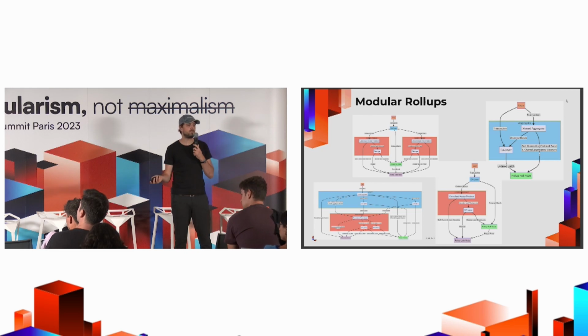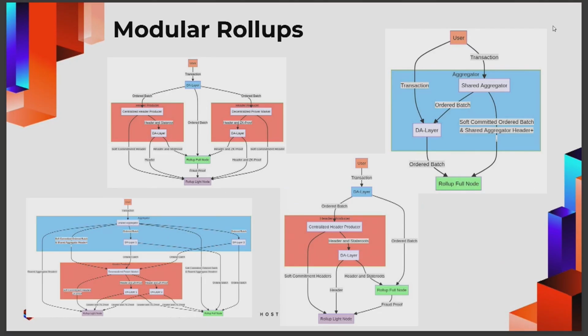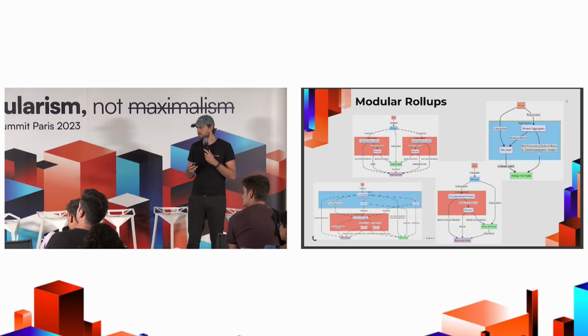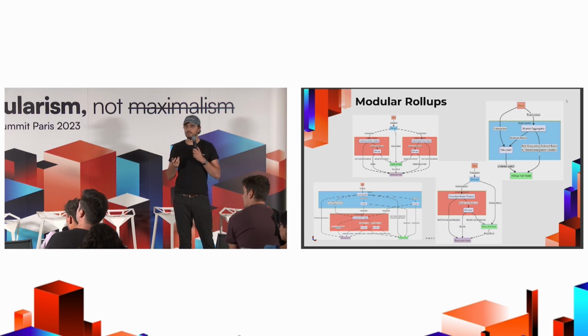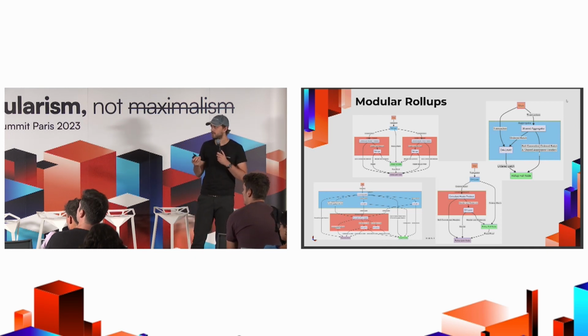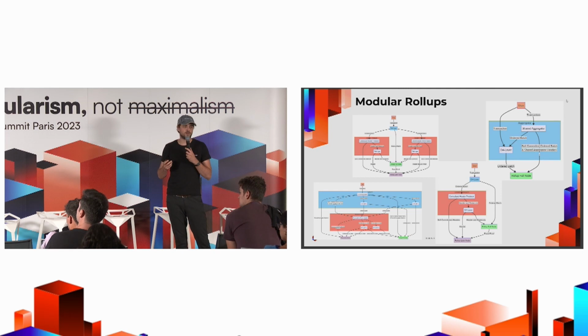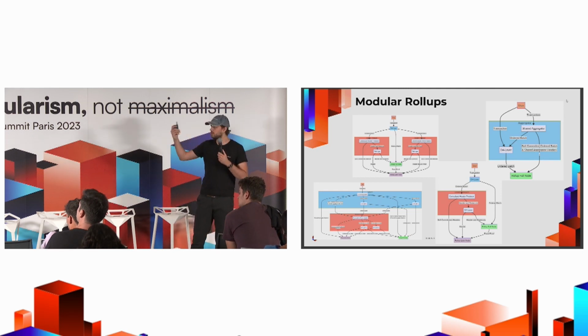And this is just the tip of the iceberg. I mean, the moment we have plug-and-play components, we can have crazy rollup variants and designs to optimize especially for your use case. And redundancy, picking multiple DA layers, or having, for example, also multiple proving systems.